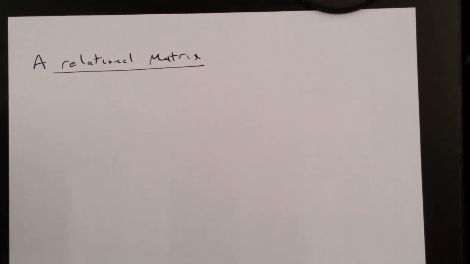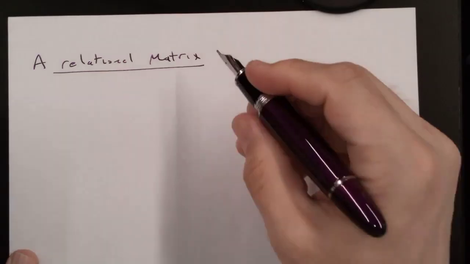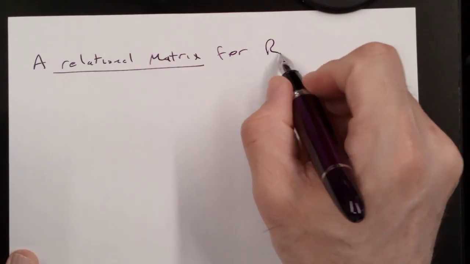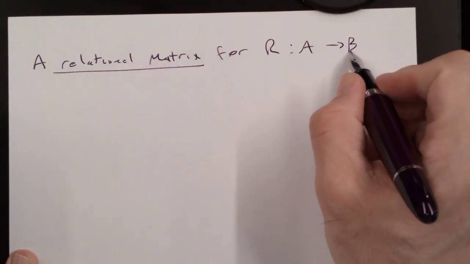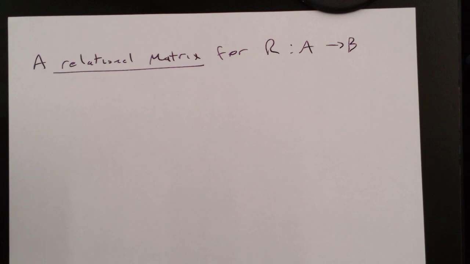And let's instead create a relational matrix. I am terribly sorry to tell you that there is no bullet time event for this particular piece of entering the matrix. I have a from and a to on the arcs, but in general, a relation goes from one set to another. So if I think of a relation going from set A to set B, I'm going to be very specific here.